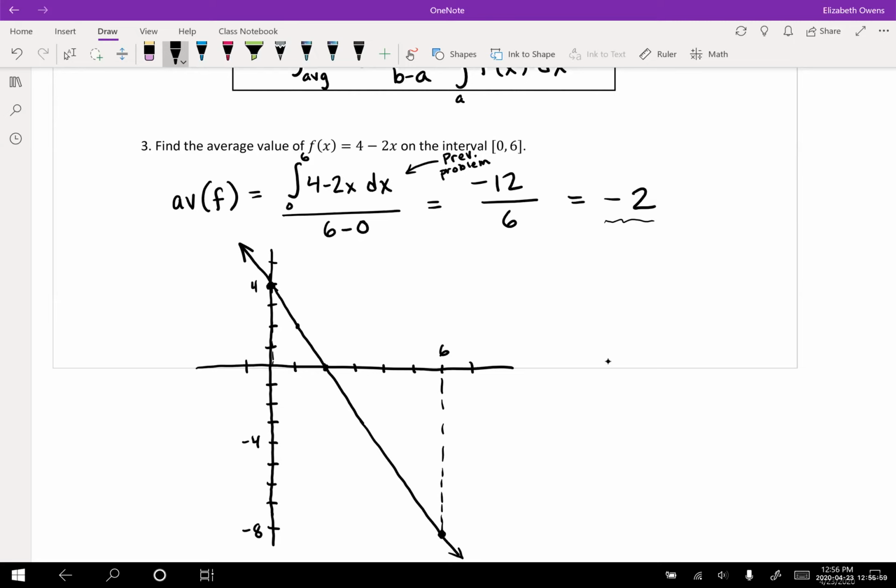So what this is asking for, the average value of f, it's saying like, okay, average of f means what is the average y value on this interval?